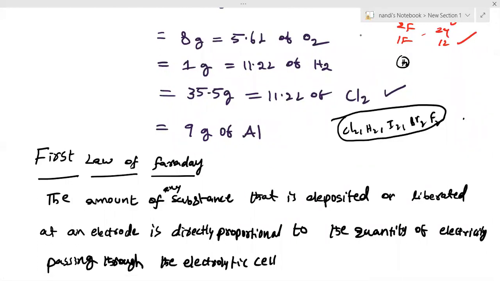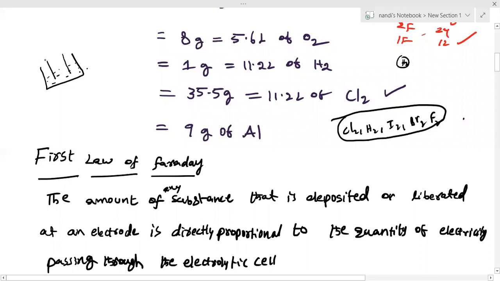Now you can see the law of Faraday. This is exciting. What we are going to discuss here is Faraday's laws. Please look here; I am drawing a small diagram. These are the electrodes. We know very clearly that by sending electricity, substance is deposited at the cathode and anode.